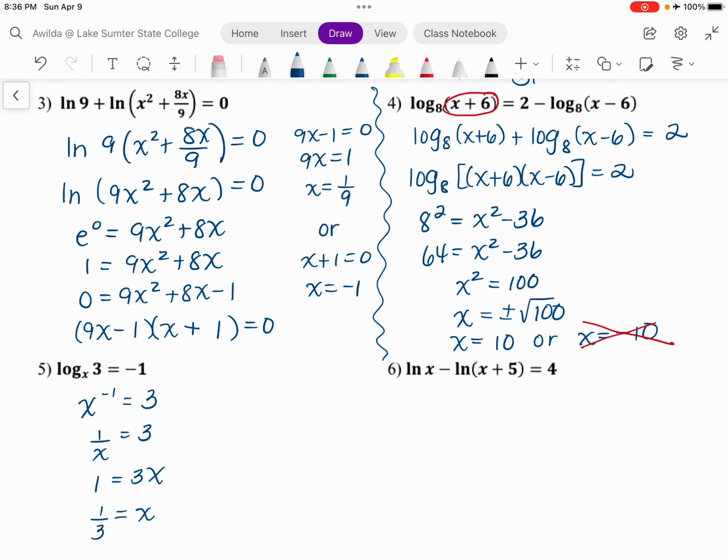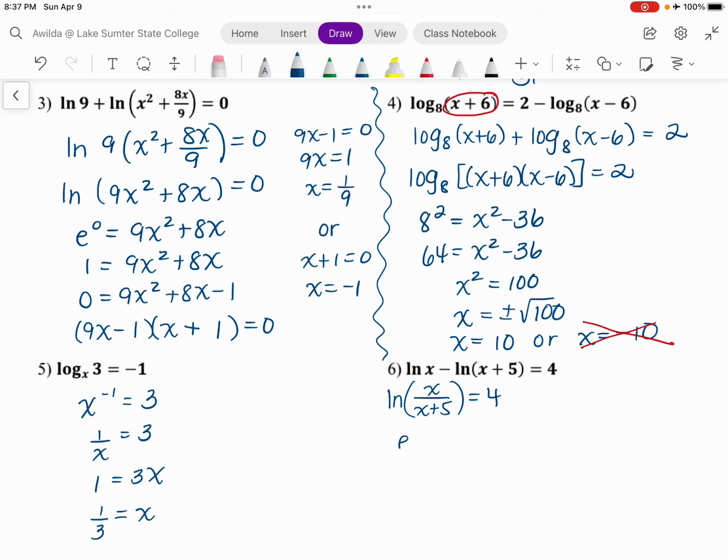And finally, for number 6, we'll combine the two logarithms on the left-hand side into a single logarithm using the quotient rule. So we'll have natural logarithm of x divided by x plus 5 equals 4. We can immediately convert this into exponential form, recalling that a natural logarithm is a logarithm with a base of e.